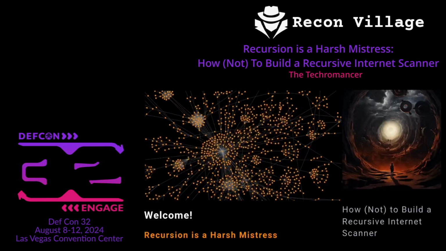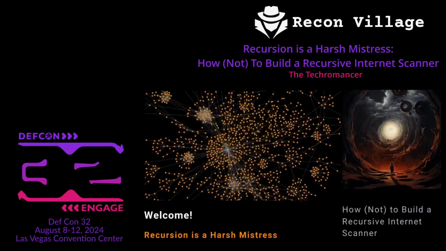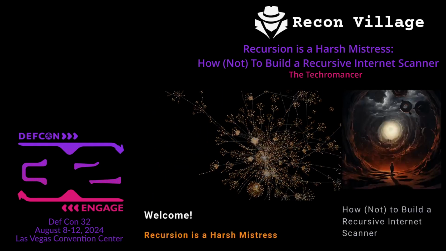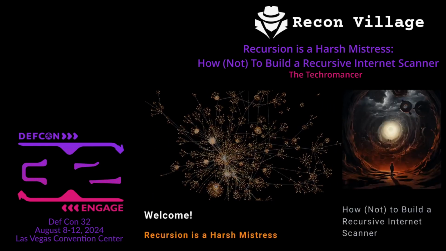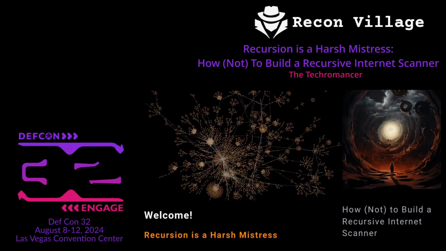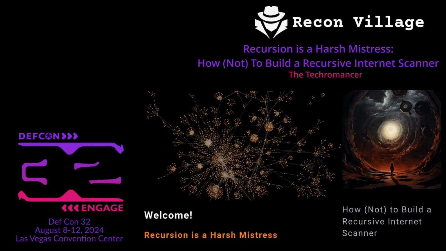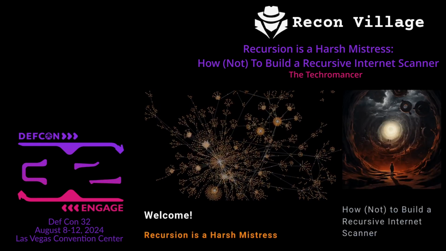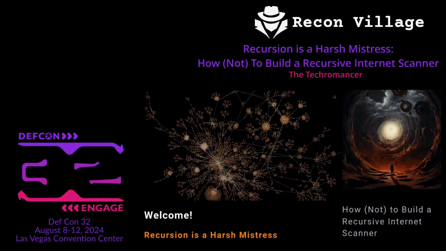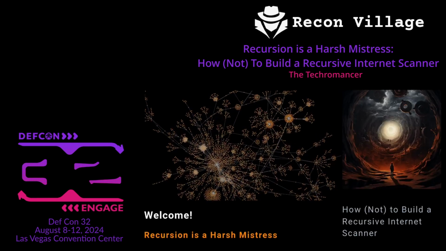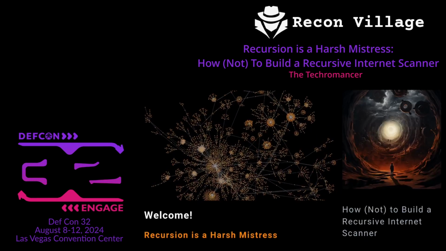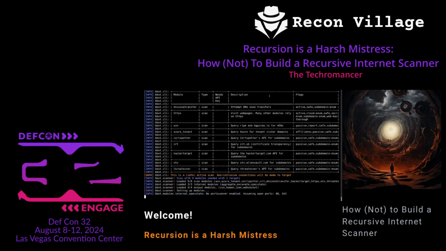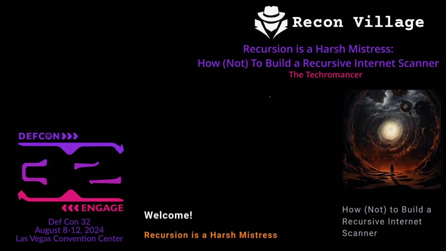TechCromancer is a part of Black Lantern Security, and he will be talking about "Recursion is a Harsh Mistress: How Not to Build a Recursive Internet Scanner." In this talk, witness the myriad of strange and unexpected bugs we encountered while building BBOT, a recursive internet scanner.